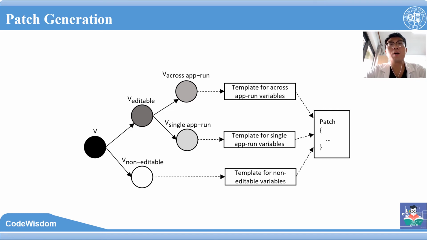For each category of variables, iFixDataLoss uses the corresponding templates just mentioned to generate code for preserving their values, and then it assembles the code to generate a patch.